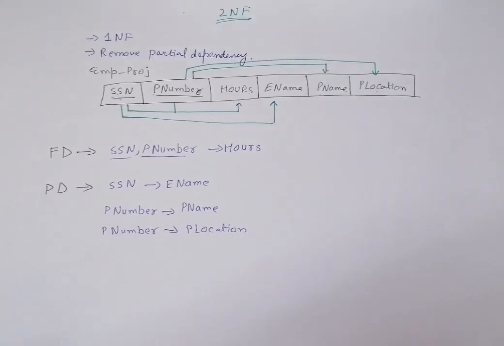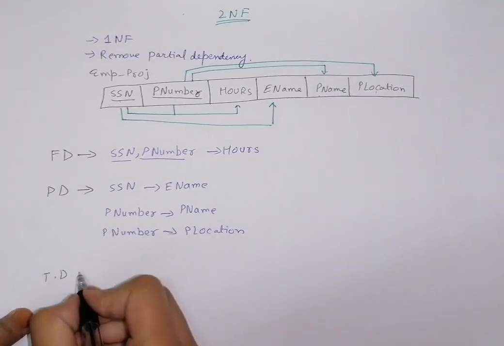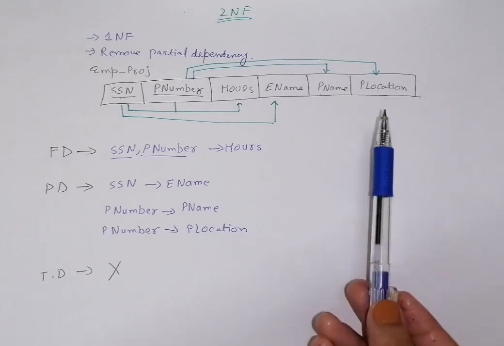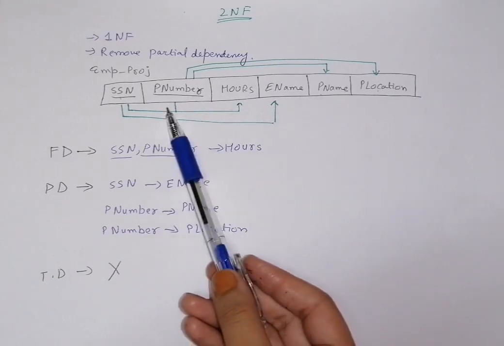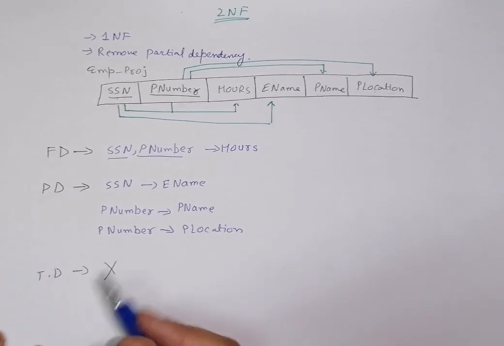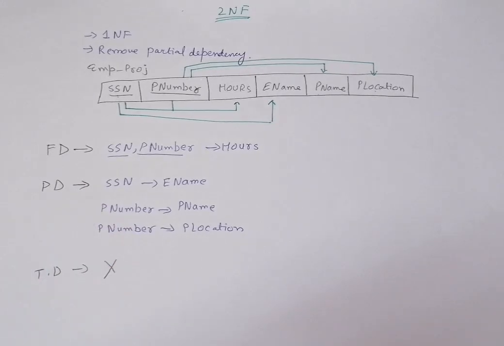The third type of dependency is transitive dependency, and here there is no transitive dependency, because there is no non-key attribute that depends on another non-key attribute other than the primary key attribute. So you have seen that I have no transitive dependencies, but partial dependencies and functional dependencies.